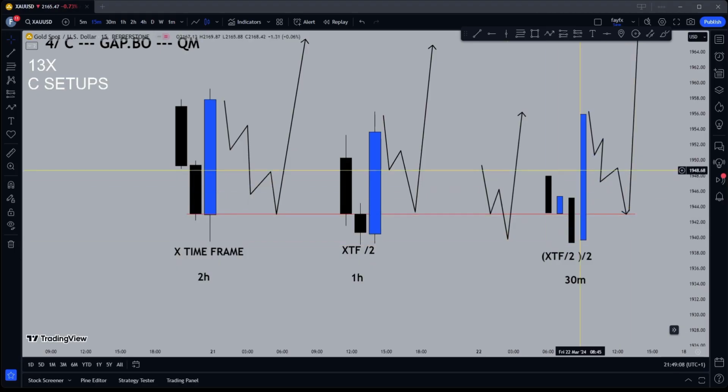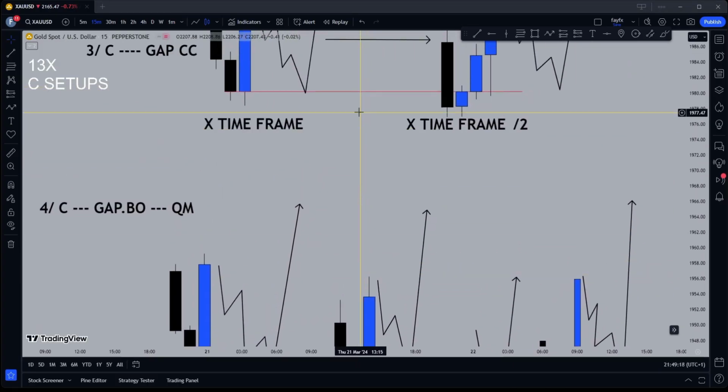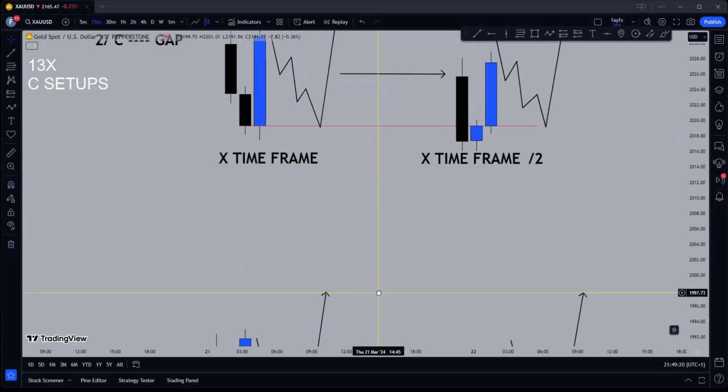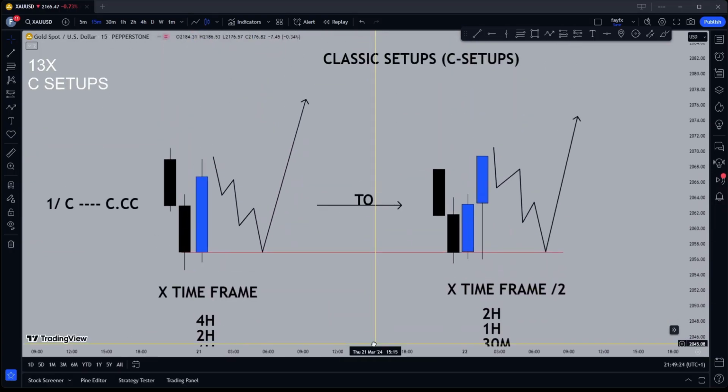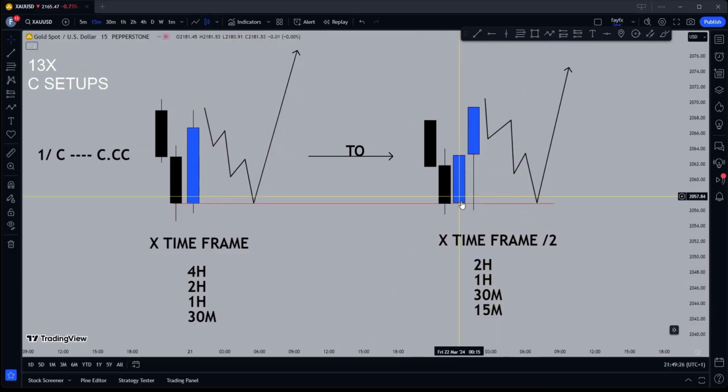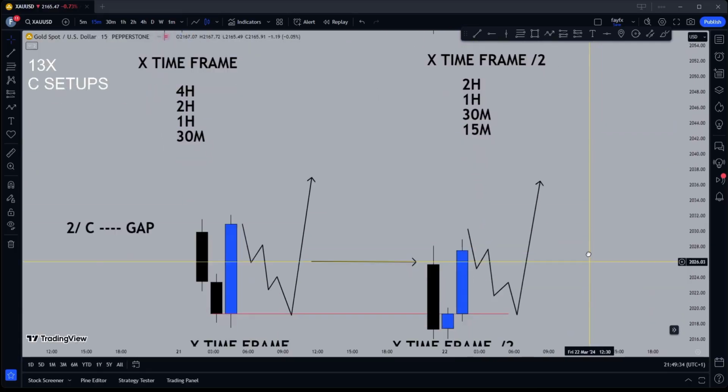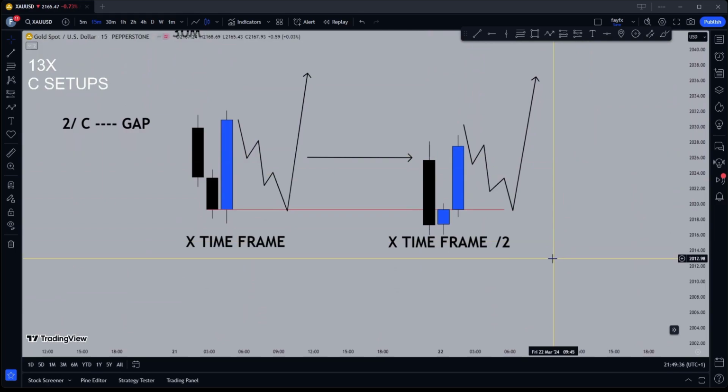Everything we said about the V level is the same thing about the A level. Don't forget the CC should always be bullish for V level and bearish for A level.